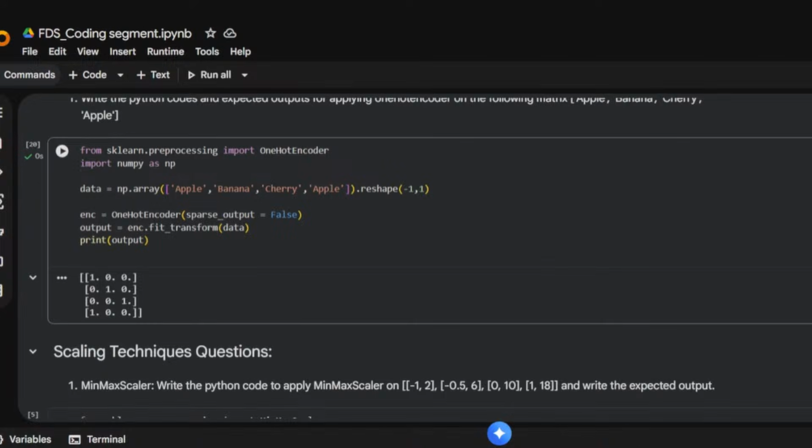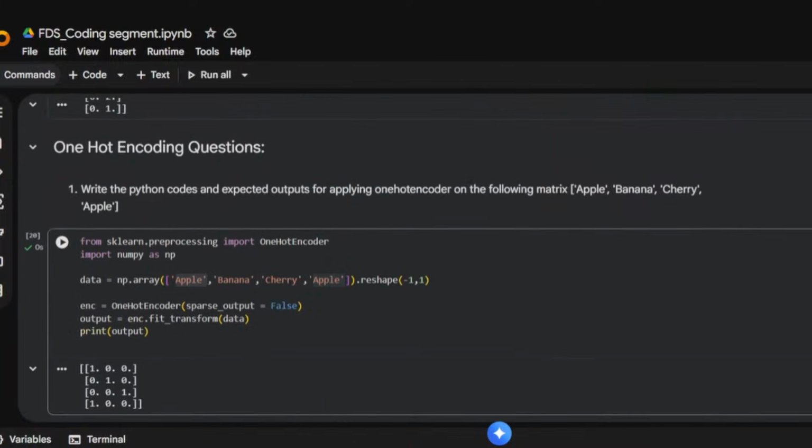Based on its occurrence, it will get 1 if it is present and 0 if it is absent. So for apple, you'll have 1 0 0. For banana, you'll have 0 1 0. For cherry, you'll have 0 0 1. Apple, again, you'll have 1 0 0. So that is with one hot encoding.